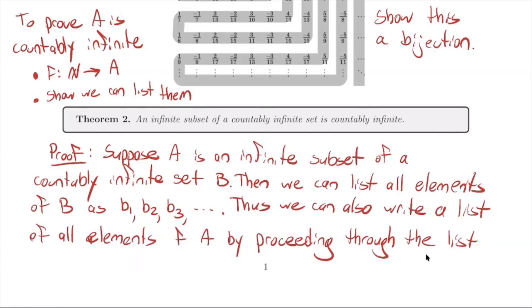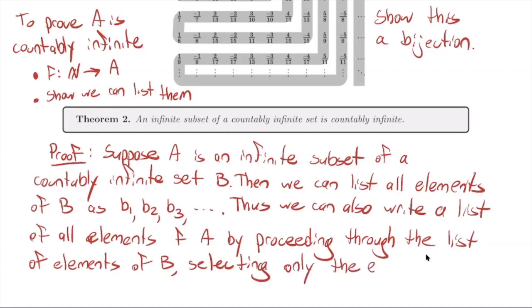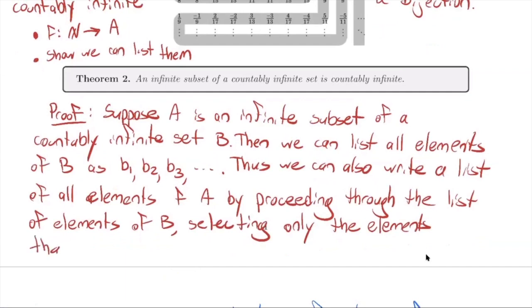We're just going to go through the list of elements of B, and we're going to skip the ones that aren't in A. Yep, and that's all we need to do there.